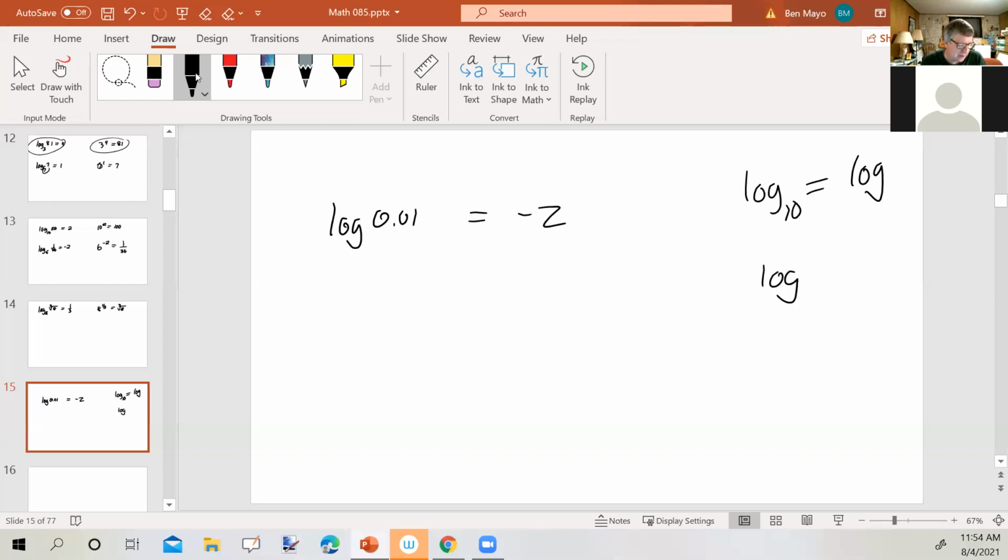It's over on the left side up towards the top. And if you look at the second function key, it's 10 to the x. So that's a good way to remember that log is the same thing as log base 10. All right, so having said all of that, let's put that implied base in there. So this becomes 10 to the -2 power equals 0.01.